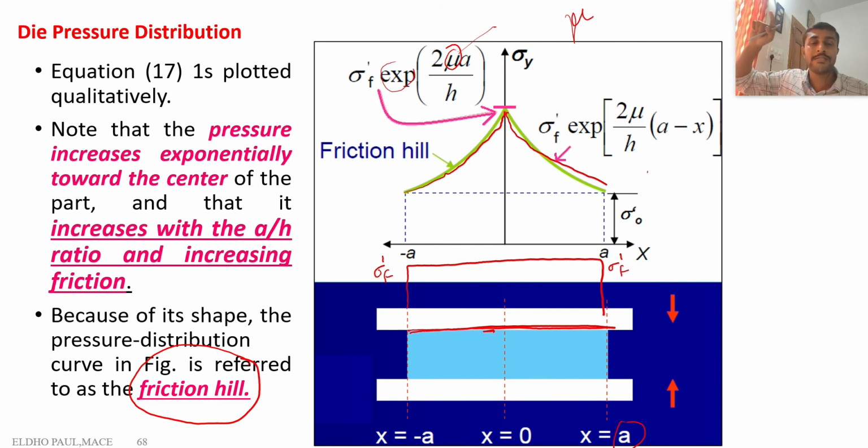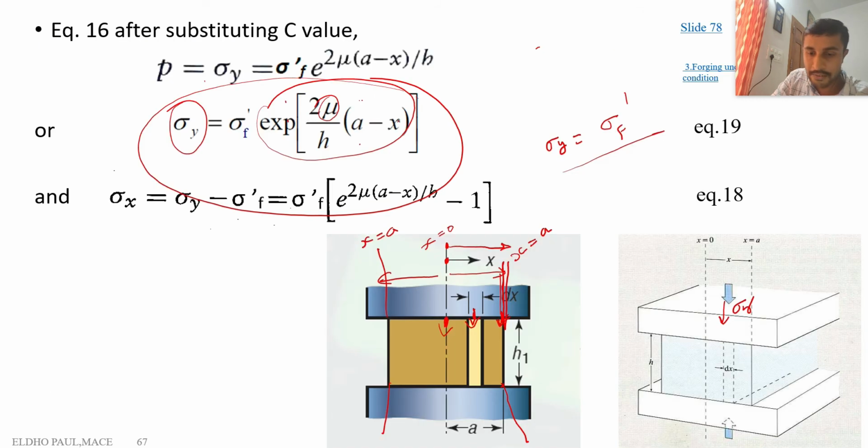Any variation in mu is an exponential increase. Similarly, any variation in the A by H ratio, here we can see the A by H ratio. In the previous equation also, if x is equal to 0, we can see the A by H ratio. With the variation of the A by H ratio, the amount of stress required increases exponentially. E raised to A by H.